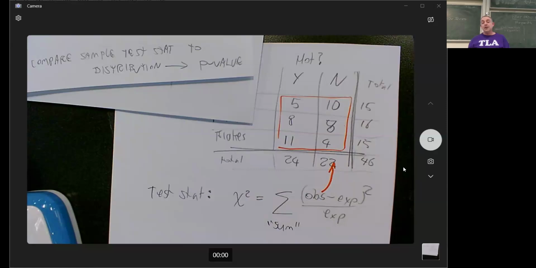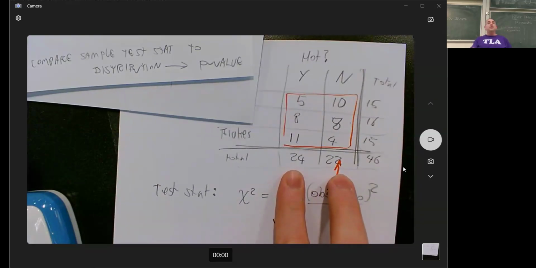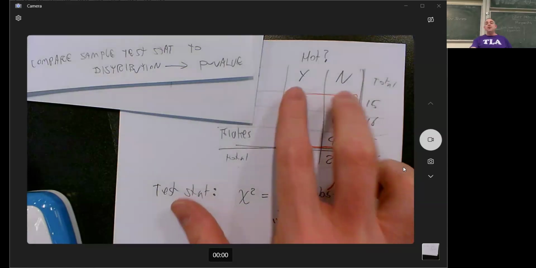And the expected is, all right, well, if eating chili or not, or the type of chili you have, doesn't make a difference to whether you feel hot or not, then it's approximately 50-50 here, like 24 and 22. That percentage should be the same in all of these groups.